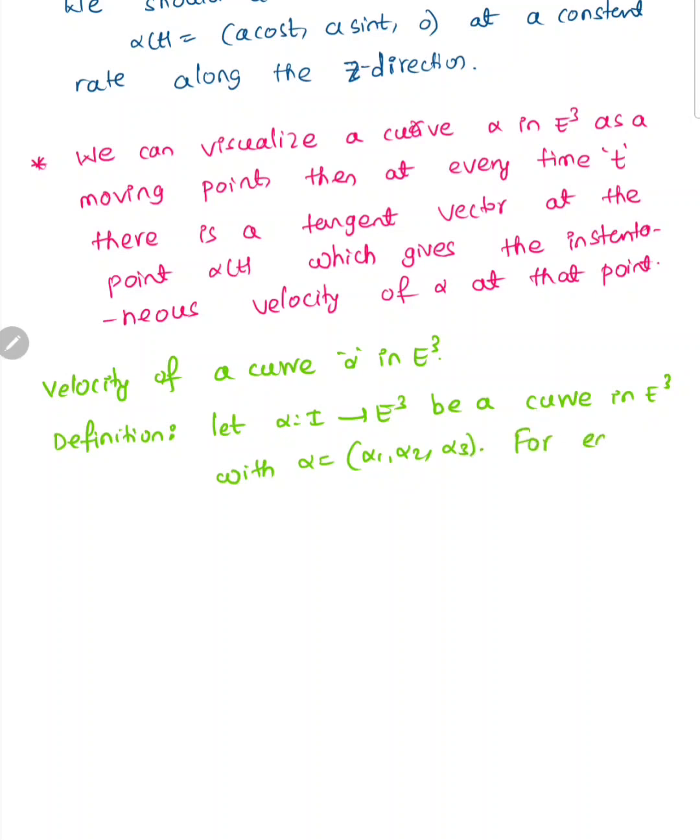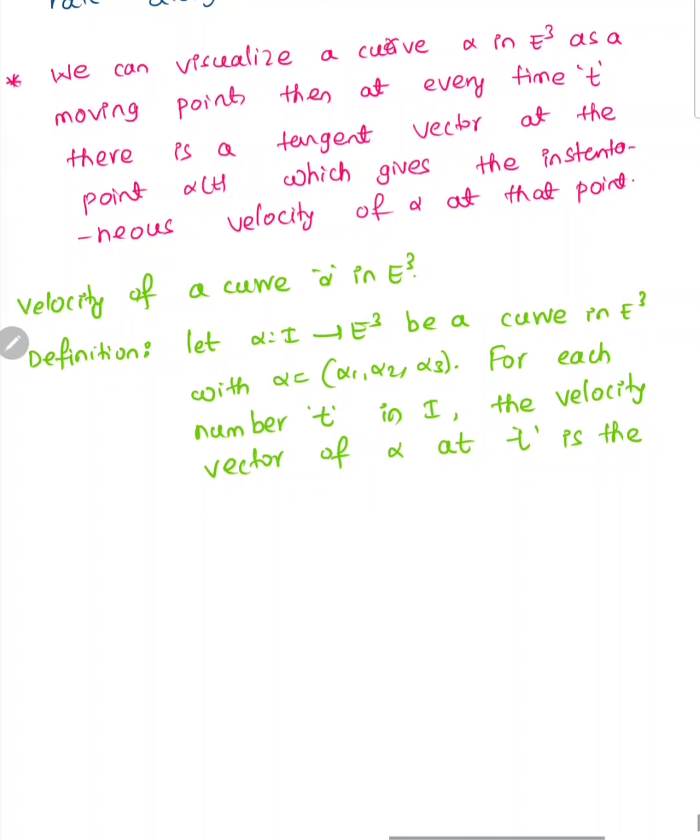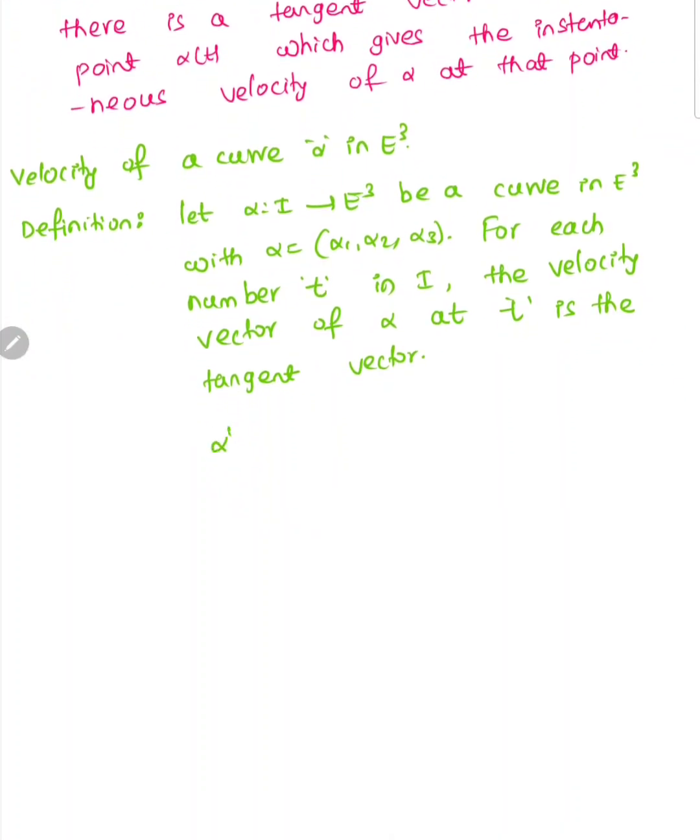Now for each number t, means each time instant t, in the interval I, as velocity is having direction, we can write the velocity vector of the curve alpha at the time t as nothing but the tangent vector, which is given by alpha dash of t is equal to d alpha 1 by dt at the time instant t, d alpha 2 by dt at the time instant t, d alpha 3 by dt at the time instant t. So this is the velocity vector of the curve alpha at the time instant t.